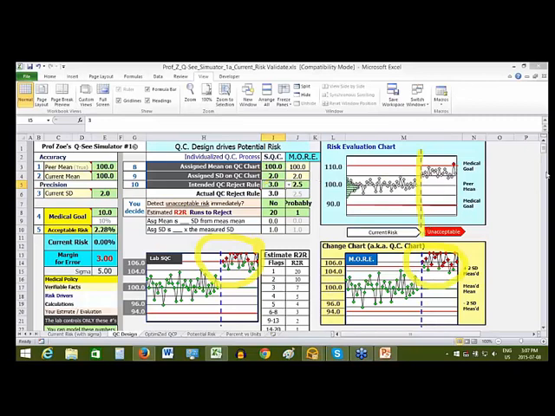The QC rule you use and how you assign the values on the QC chart determine exactly the number of runs to reject. The runs to reject times the number of people in a run are the number of people at risk.